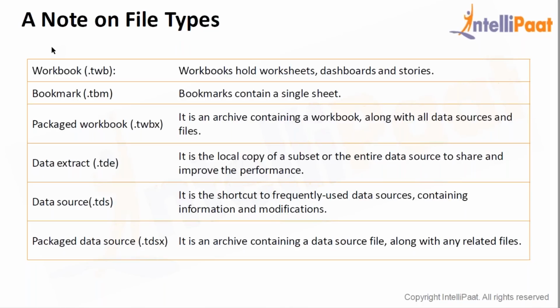Only then will they be able to open the workbook and see what particular analysis has been made inside your workbook, right? Else there is no point in sharing this workbook without the data for which it has been created. This is the default file type which will be provided while saving a workbook in Tableau.